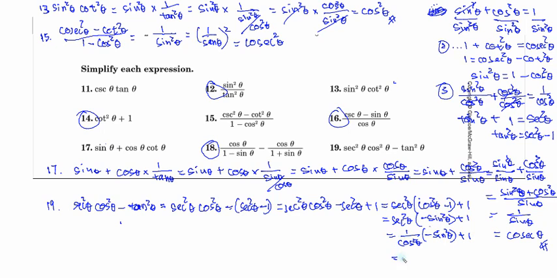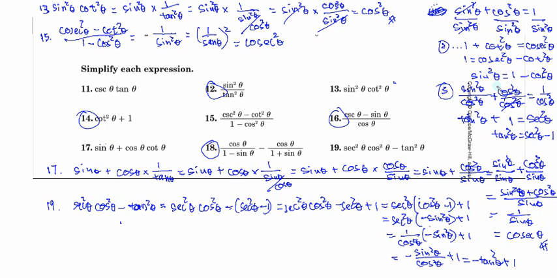So this becomes minus sine square theta over cosine square theta plus 1. This gives you minus tangent square theta plus 1.